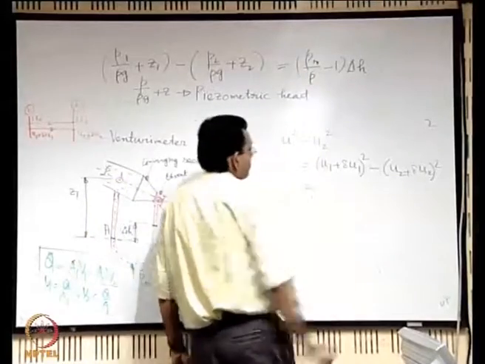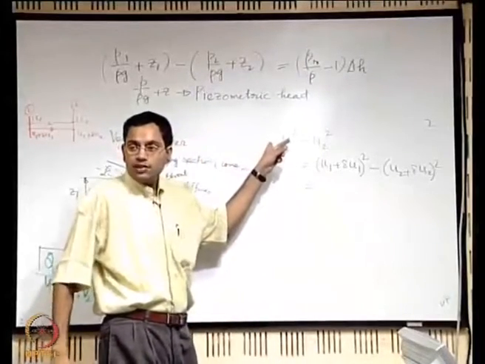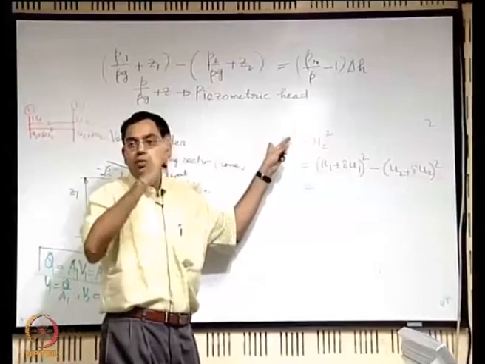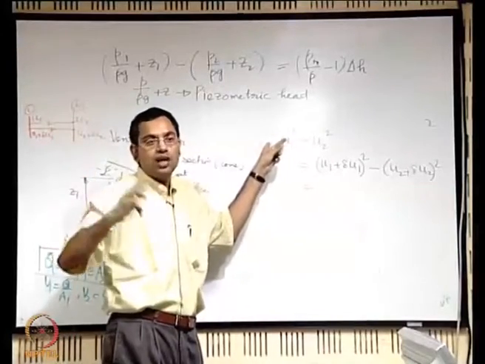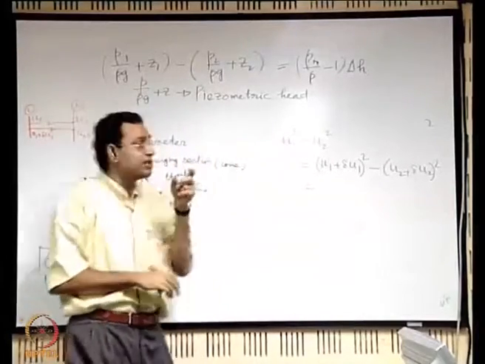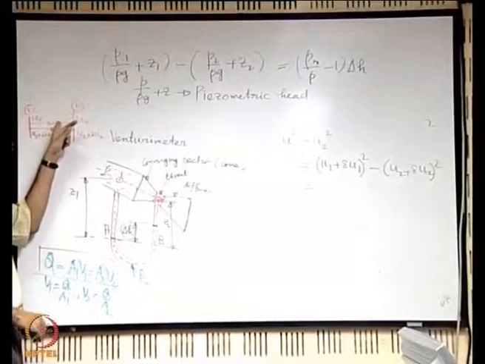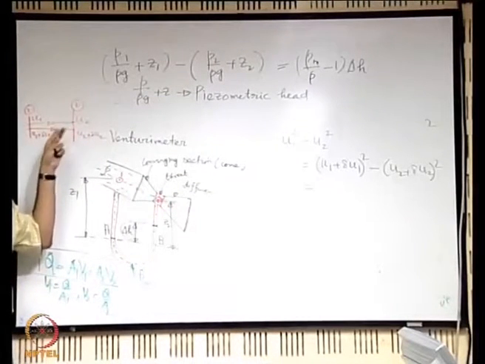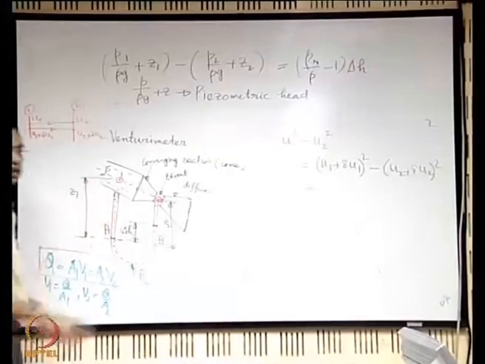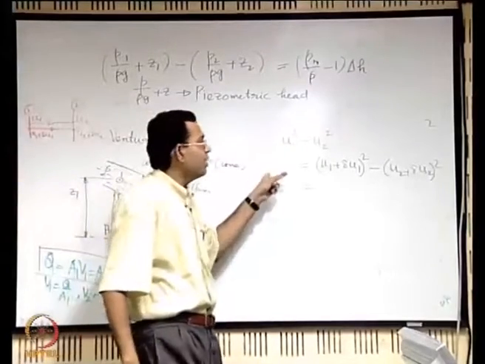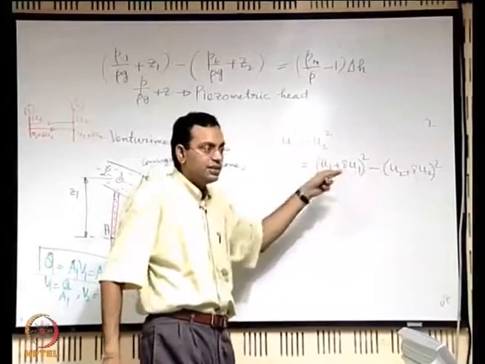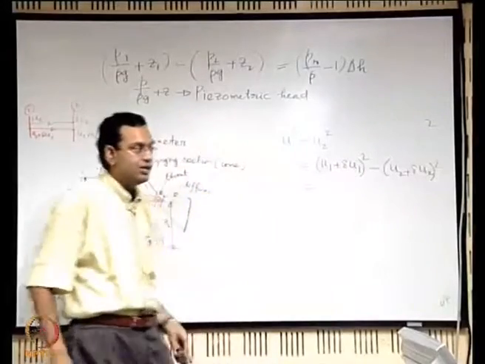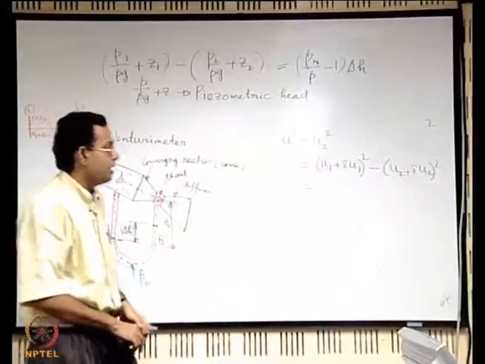You are clear why such an equation has come, because other terms like p by rho g and z are the same. They have cancelled out when you consider Bernoulli's equation for the streamline above and the streamline below and subtract them. So, only these terms remain, basically u square by 2, but that division by 2 gets cancelled out. That is how these terms come up.